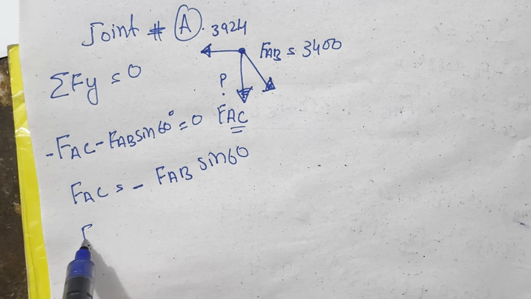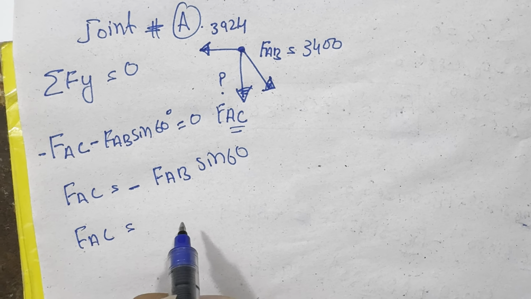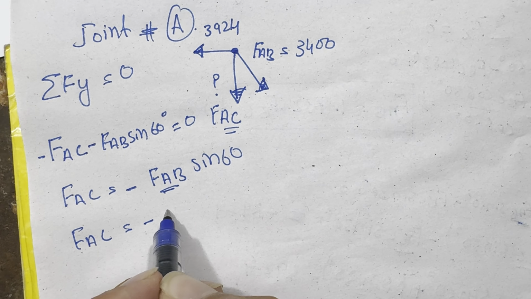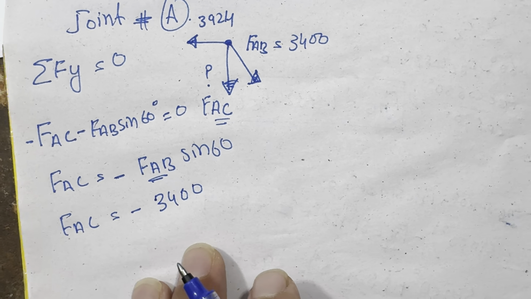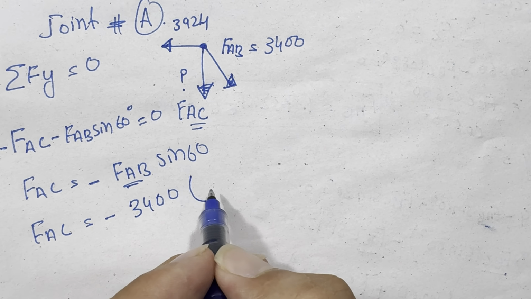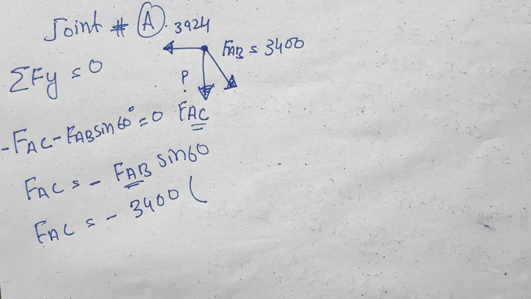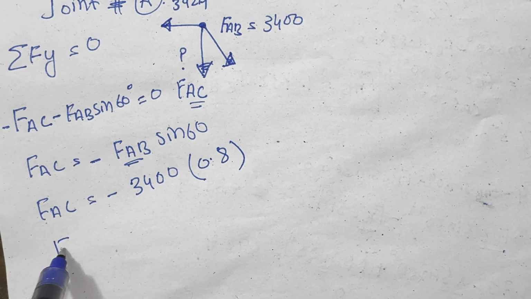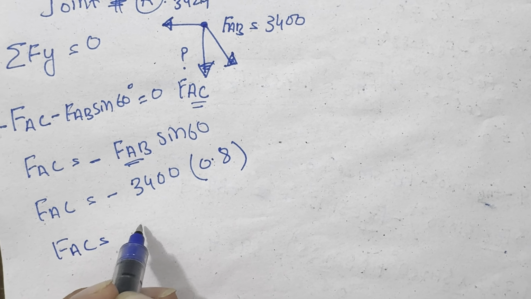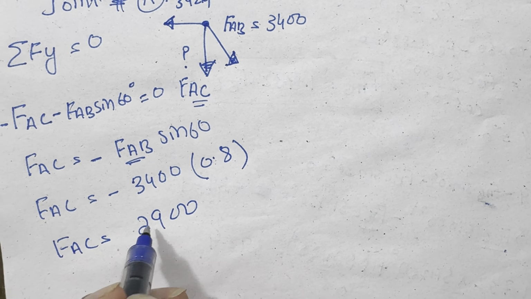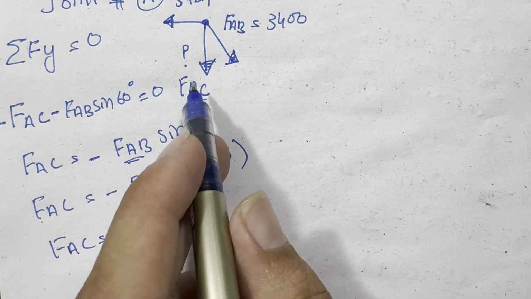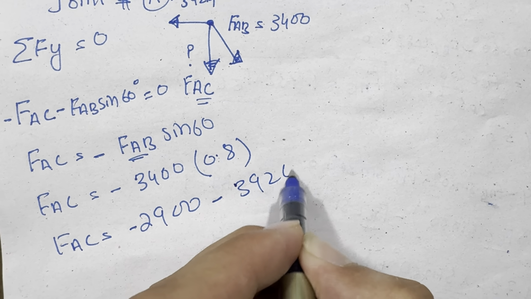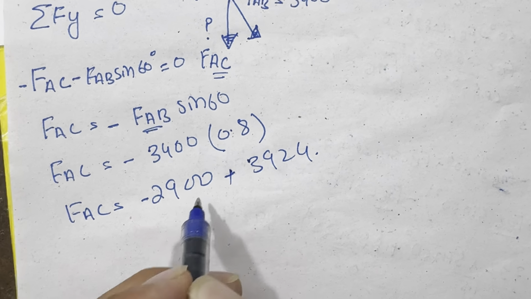FAB is 3400 and sine 60 is 0.8, so approximately 2900, and there is also a reaction force in the y direction, which is 3924, positive.